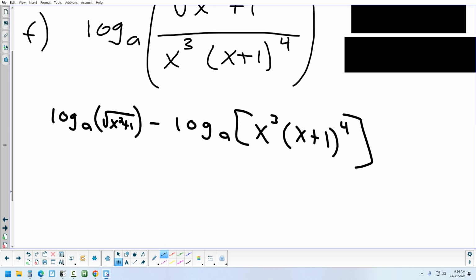Okay, there's not a lot we can do with the first one. There's only one more thing. How can I simplify this so it no longer has an exponent, even if it is a hidden exponent? Yep. Change it to 1/2. So 1/2, and then what would come after it? And then log base A of (x squared plus 1).